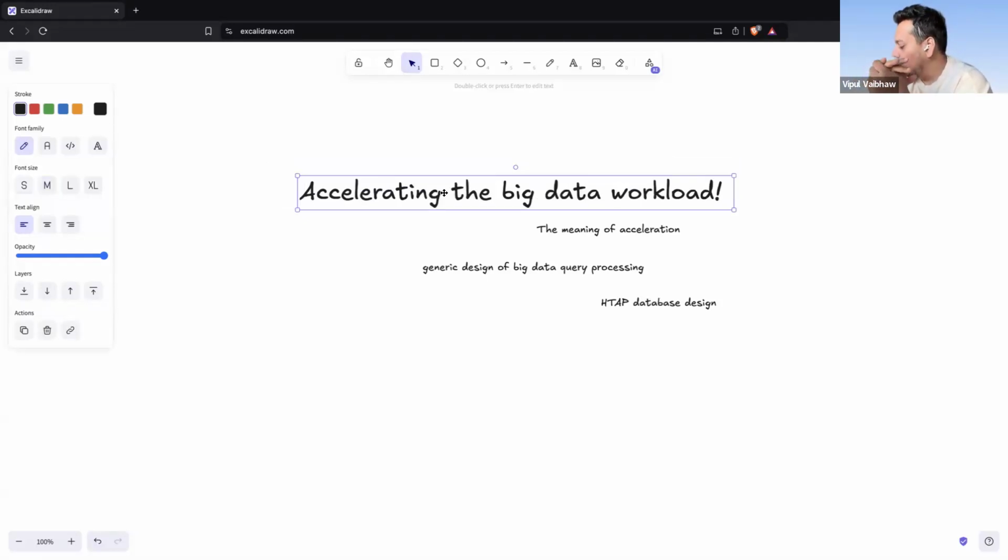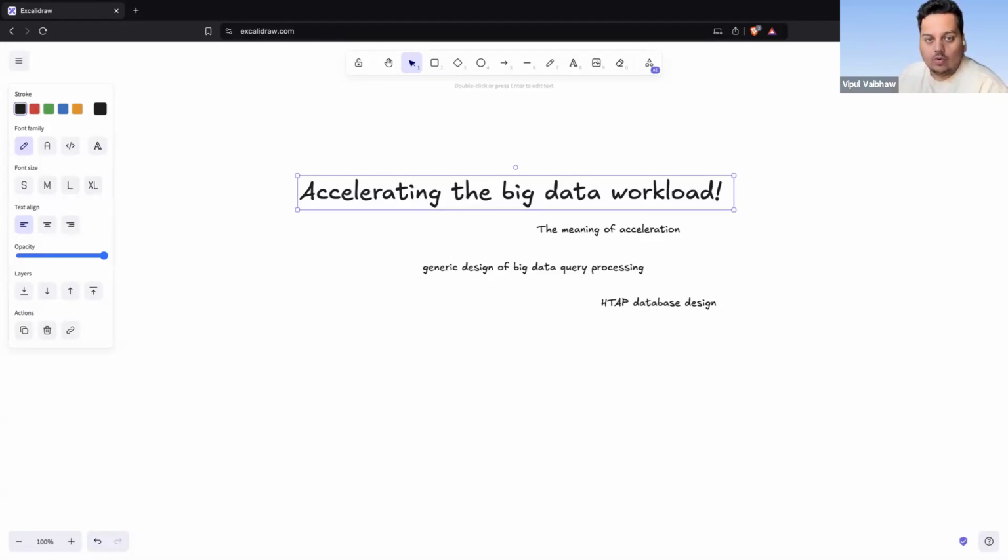Before I go forward, I want to have a quick poll. Type yes or no in chat if you are aware how query processing works in general. Let me know so that I can think what to talk about. All right, so I got a big no from Ananya.